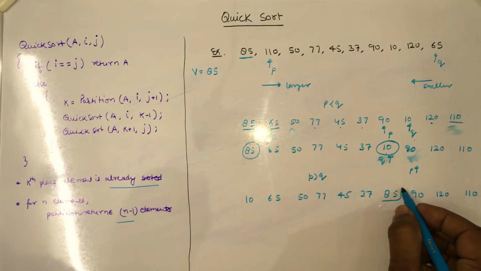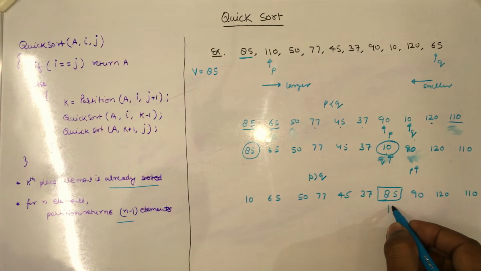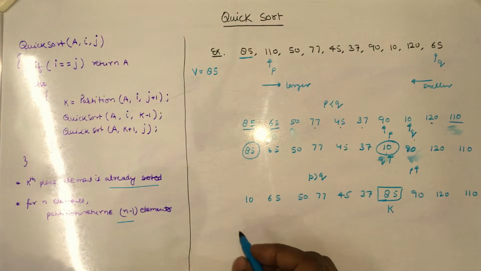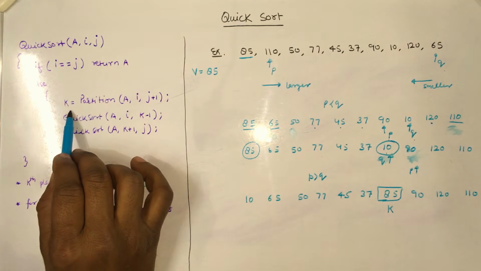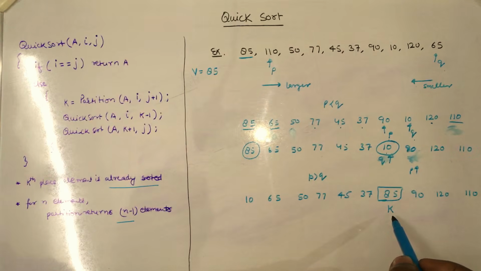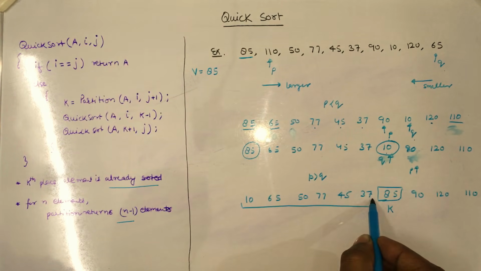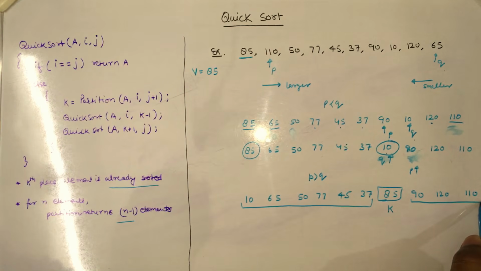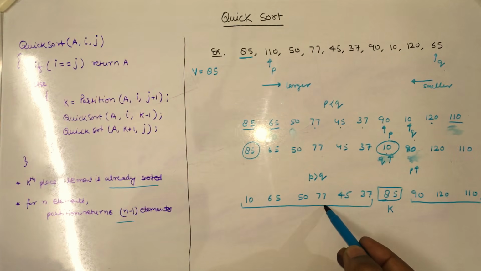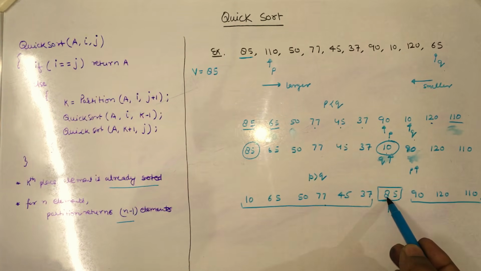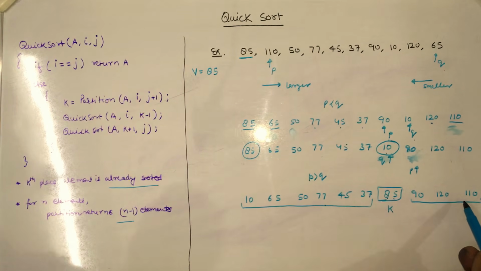So this is the new location for my pivot element, and this is the K mentioned in the algorithm, the location of K. So this one is one partition and this is another partition. All the elements on the left-hand side of the partition are smaller than 85 and all the elements on the right-hand side of the partition are greater than 85.